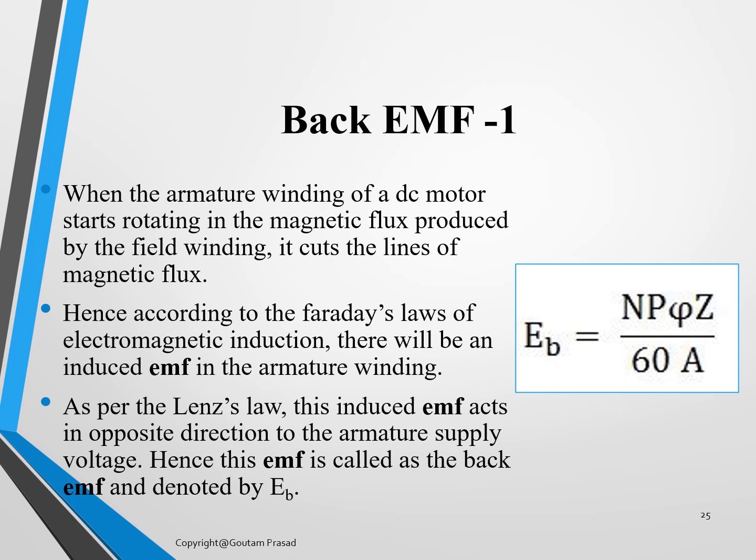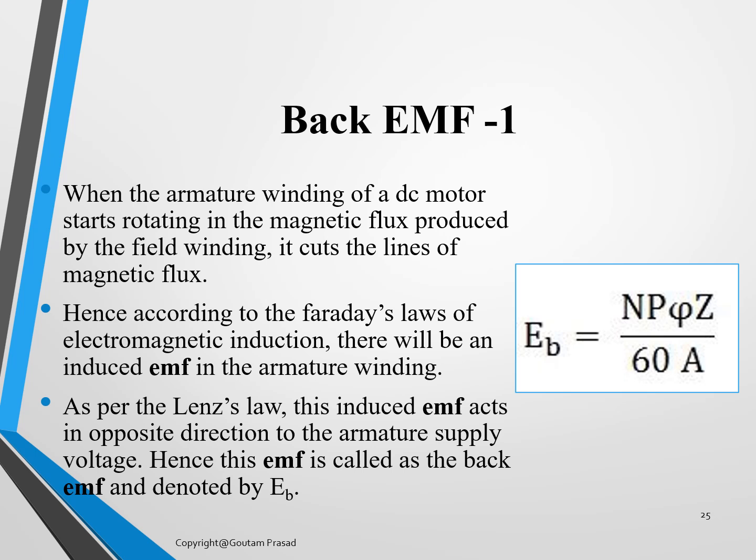Now, there is something very significant that is called back EMF, and this back EMF needs to be discussed in detail because it is very important to understand in the case of the DC motor. When the armature winding of the DC motor starts rotating in the magnetic flux produced by the field winding, it cuts the lines of magnetic flux.